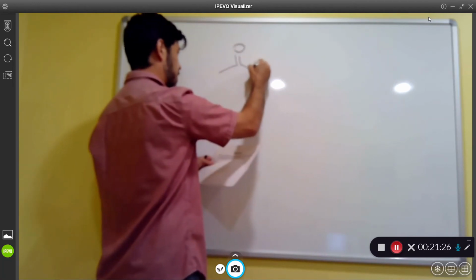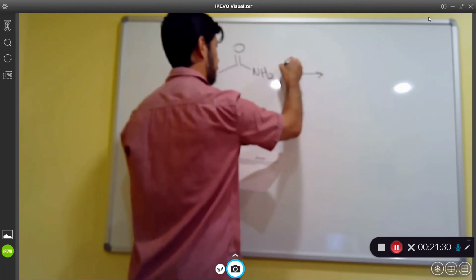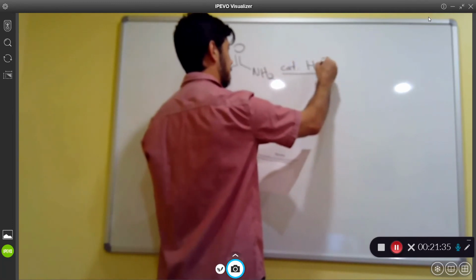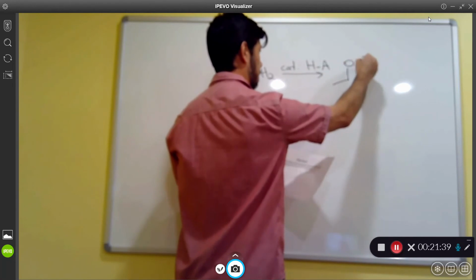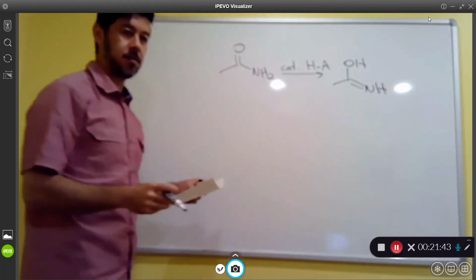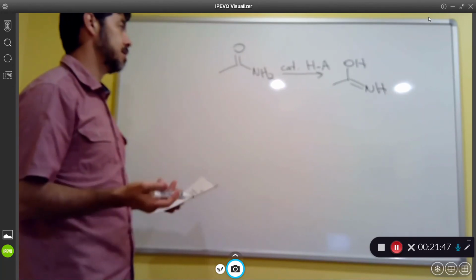Let's draw the structure. So take this amide with catalytic acid, HA, and it will tautomerize to that species there. So the question is, how does that happen? How do you show that mechanistically?